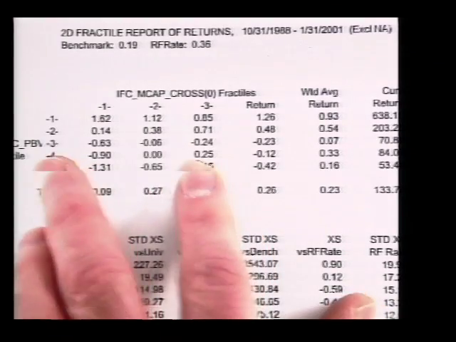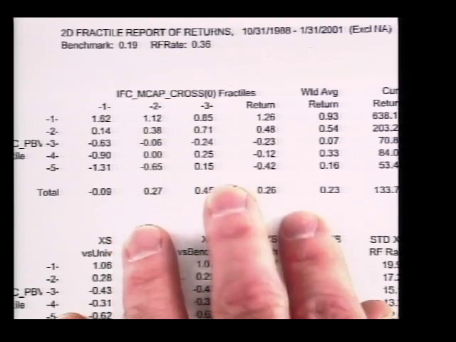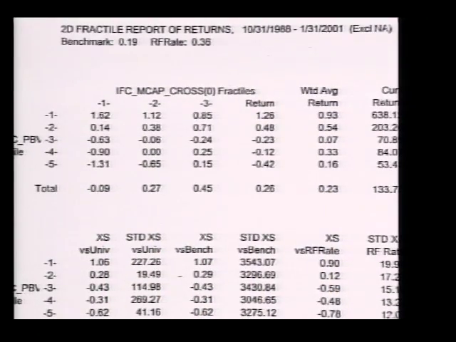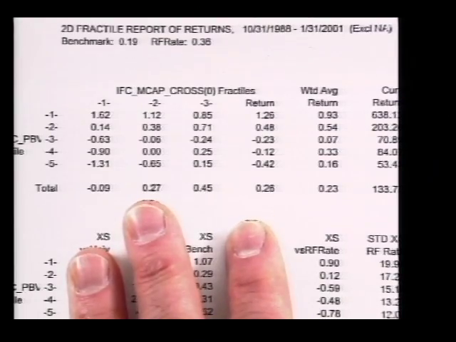This is price to book and market cap. It's a little different in that we're now reading down rather than across, so the rows are switched with the columns. Apologize for that, but that's just the way the output came out.